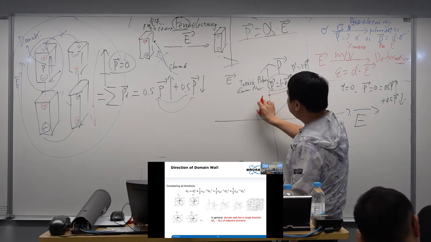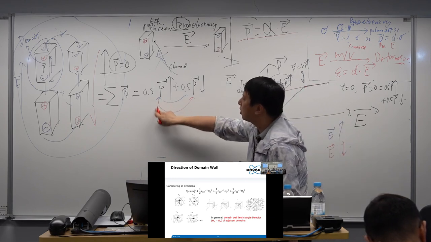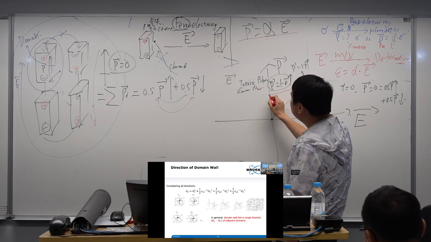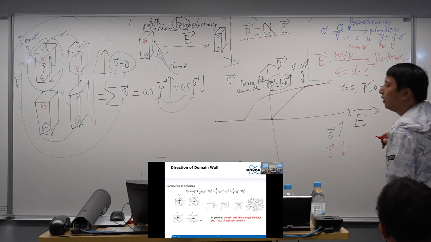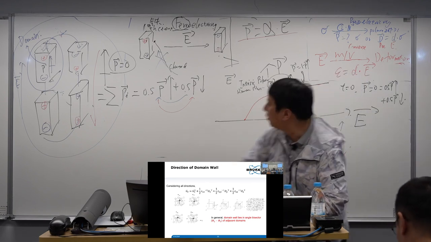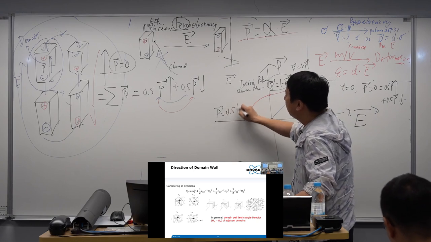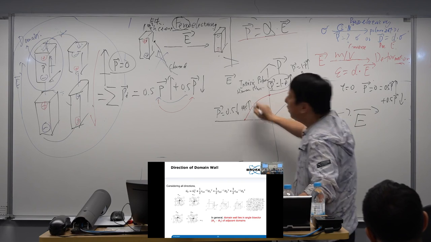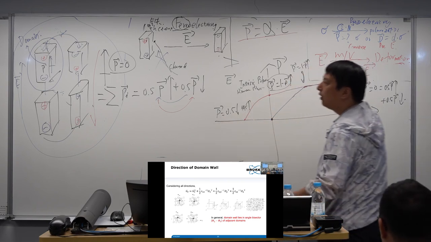So from this point, the polarization of facing up goes to facing down. So the total polarization will reduce significantly until this point. At this point, the total polarization is half facing down plus half facing up. So the total polarization will be 0.